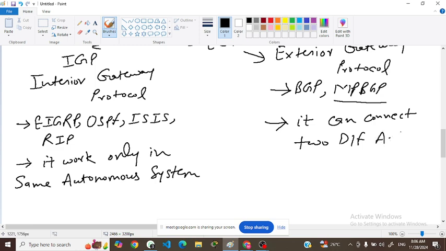In short, I am writing AS. You need not worry about the autonomous system. Once I start to discuss EIGRP, I will discuss what an autonomous system is.